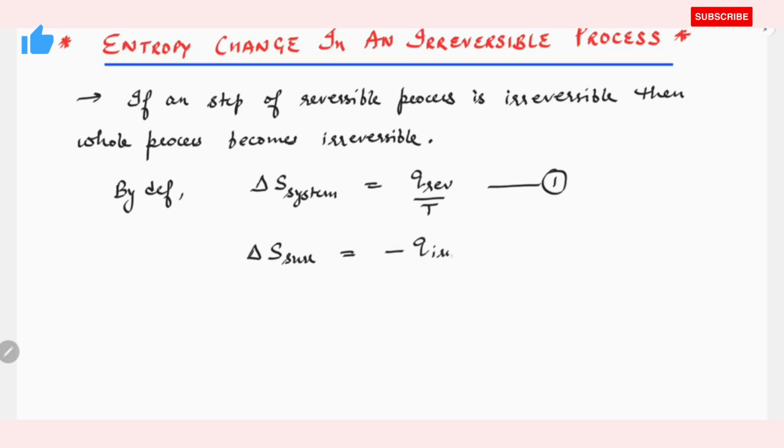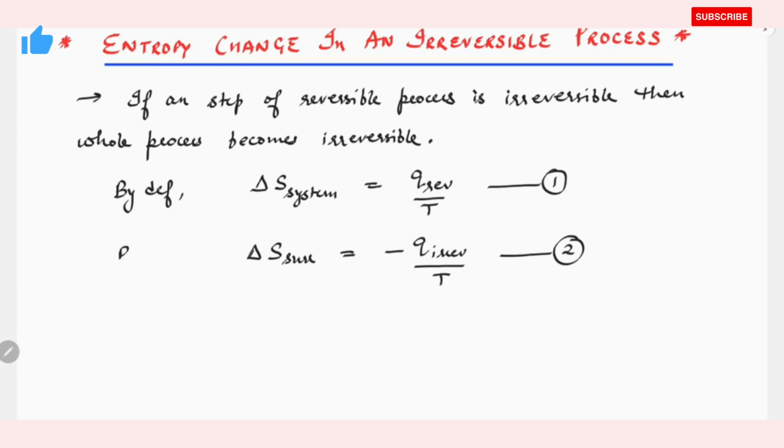We will write Q irreversible by T because now one step of the process is irreversible, and we are considering that in case of surroundings the heat exchange is irreversible.